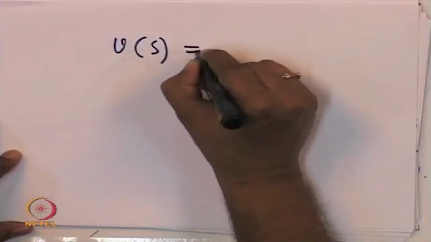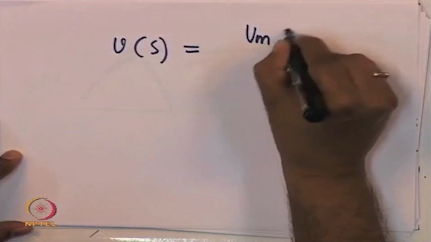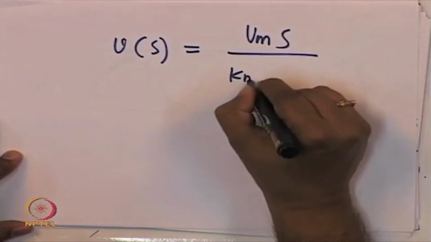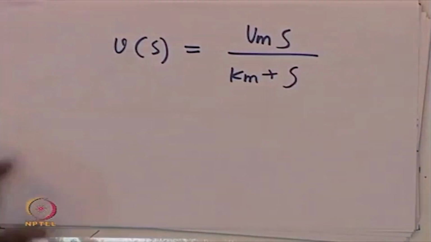So, we discussed a set of rules. Let us look at the function we have: V(s) = Vm s / (Km + s). This is the function that we want to plot.